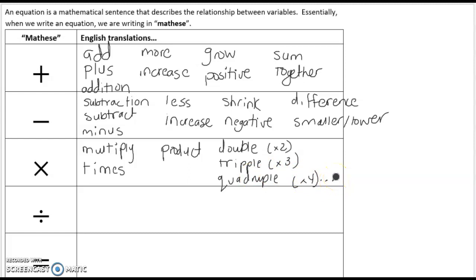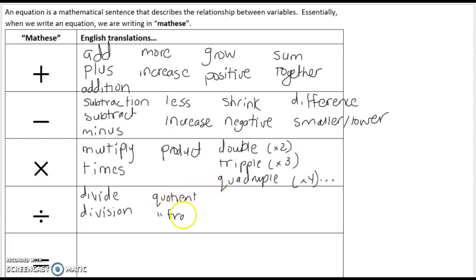And so on. Next we have division. Okay, so that sign right there. So some English translation words would be the word divide, division, quotient is another word that we use to say divide.